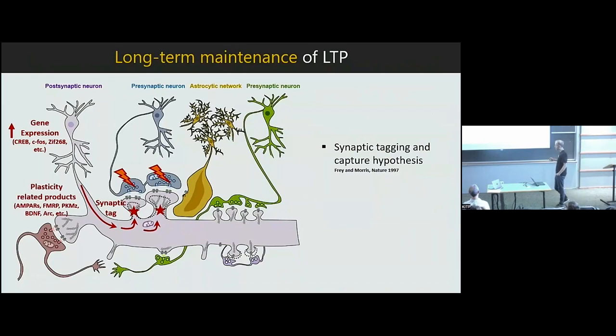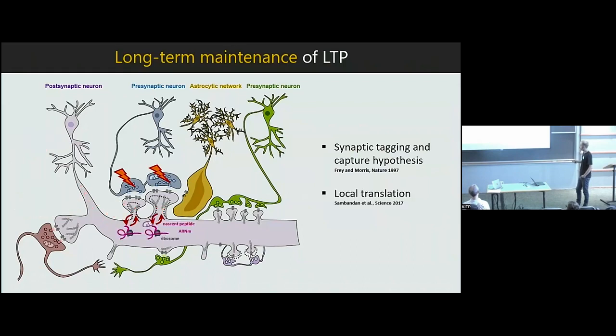And if the depolarization is strong enough, then a signal to the nucleus will be sent to promote gene expression, the synthesis of plasticity-related products that will then be trafficked and captured by the molecular tag specifically. So this is a powerful model to explain the long-term maintenance of potentiation at specific synapses.